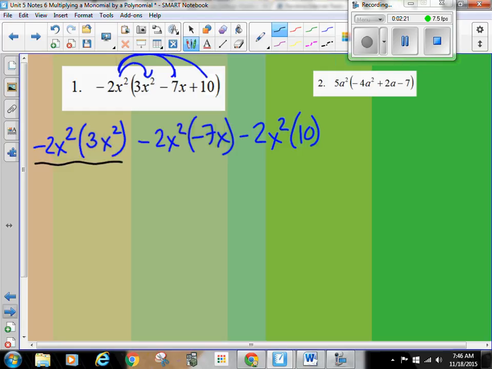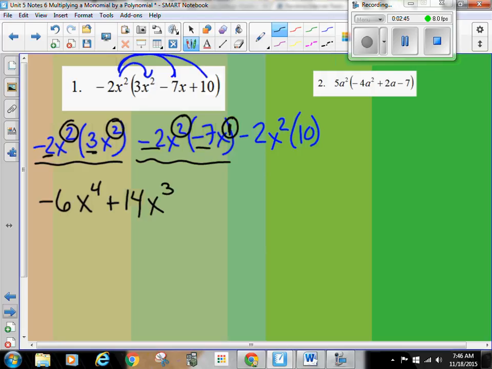And we've done monomials times monomials. We multiply our coefficients, so we get negative 6, and then we are going to add the exponents, so x to the 4th. Okay, now I'm going to look here. Negative 2 times negative 7 turns into a positive 14. I'm going to add my exponents. Now this x, remember, has a 1 exponent, so we get x to the 3rd.